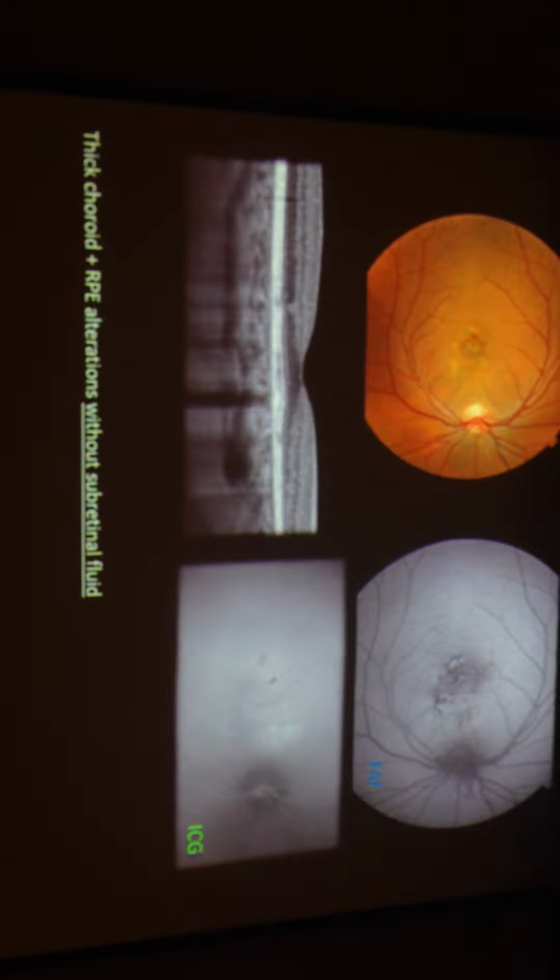So what do you call this case with a thick choroid and RPE alterations overlying the area of the thick choroid and the dilated vessels, but without any evidence of any subretinal fluid at the present stage, or any evidence of previous subretinal fluid, and you also get choroidal hyperpermeability on ICG?